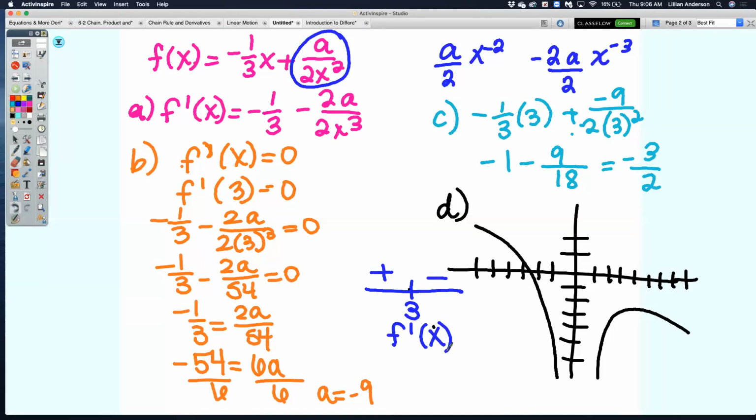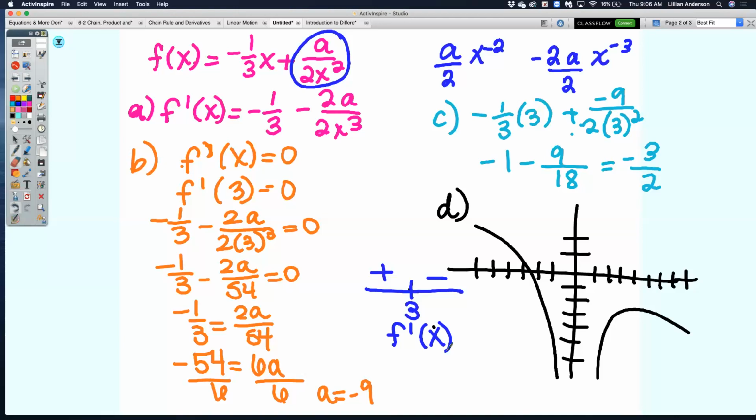If it goes positive to negative, that means there's a maximum there. And since I was given that, I can use that information. On the first derivative, which one of these indicates increasing? The positive.